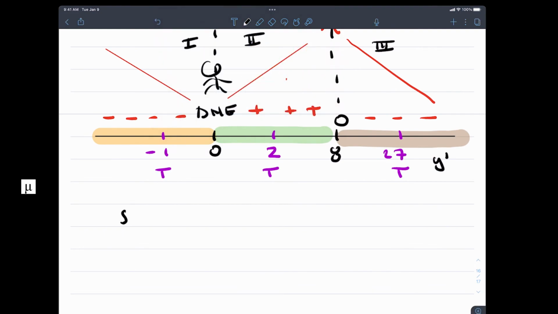What's the conclusion? F is decreasing. Where is F decreasing? From negative infinity up to 0, union 8 to infinity. So I might need some space.